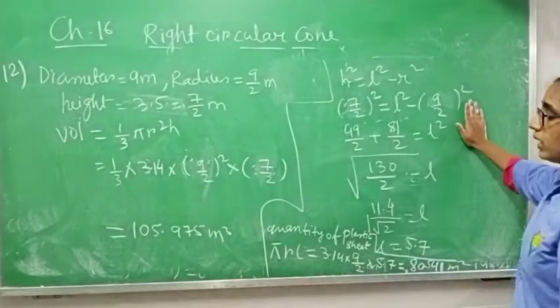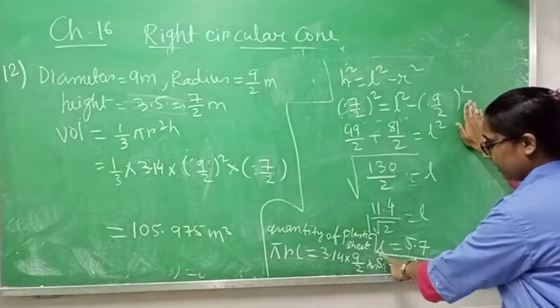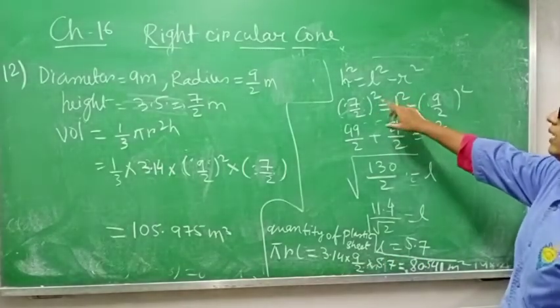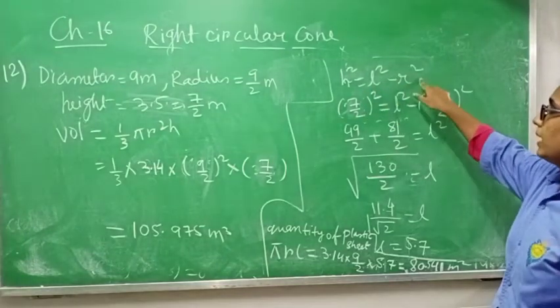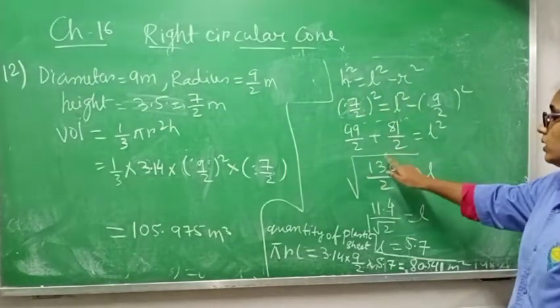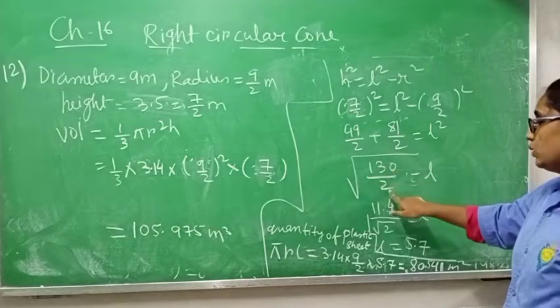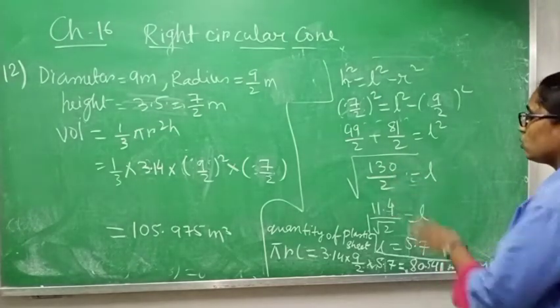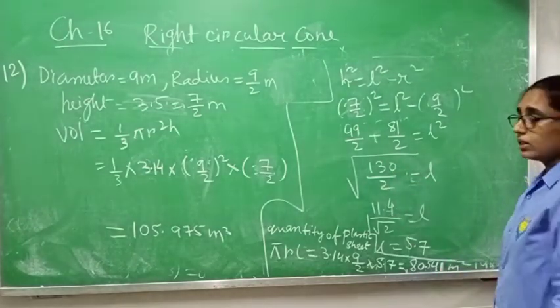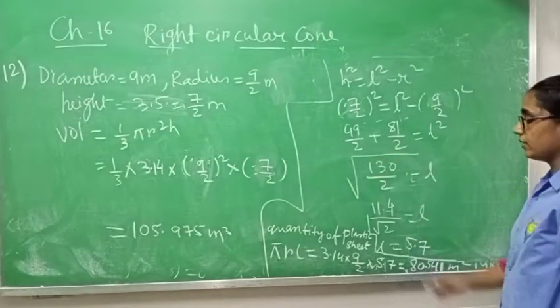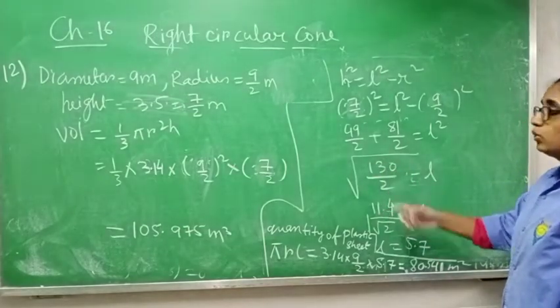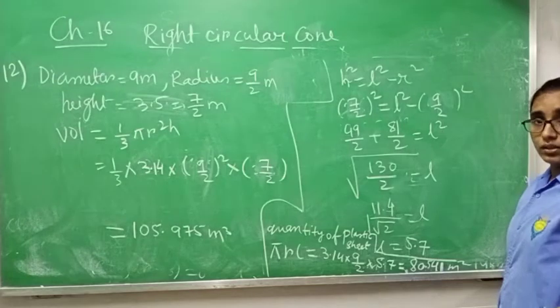Okay, first thing I have to tell you this because we need L here, and from where we will get L, same h square equals to L square minus r square. When you will solve this one you will get root over 130 by 2. Okay, why I am showing you this, because in your question root 130 value is already given which is 11.4 and root 2 value you know 1.414.